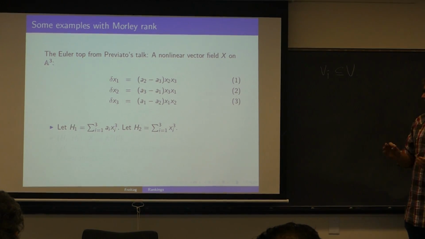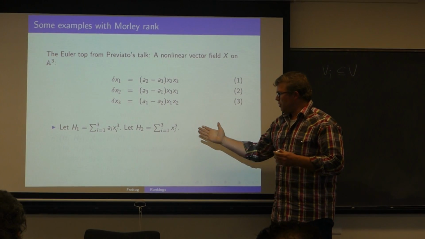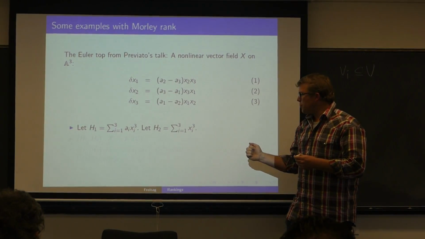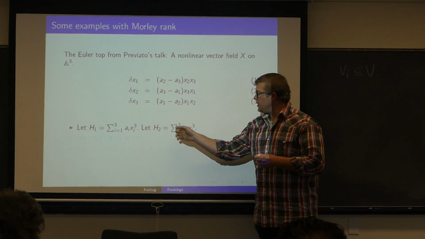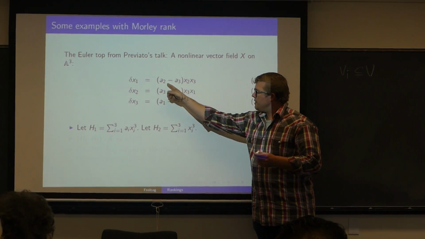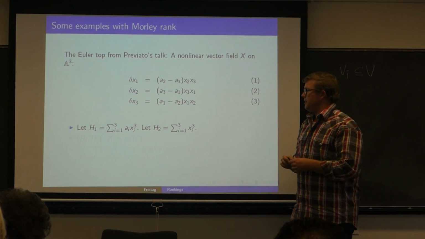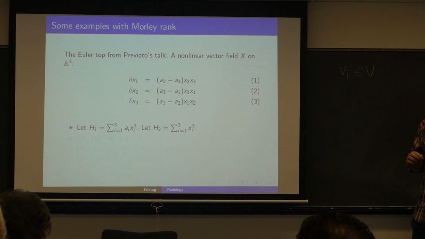And it was the case, we saw somehow, at some point during her talk, there were these 2 polynomials, h1 and h2, defined like this. By the way, the a_i are constants in this example, or just complex numbers if you like.